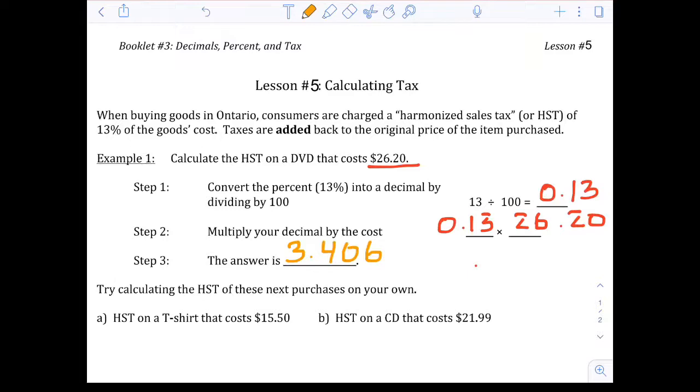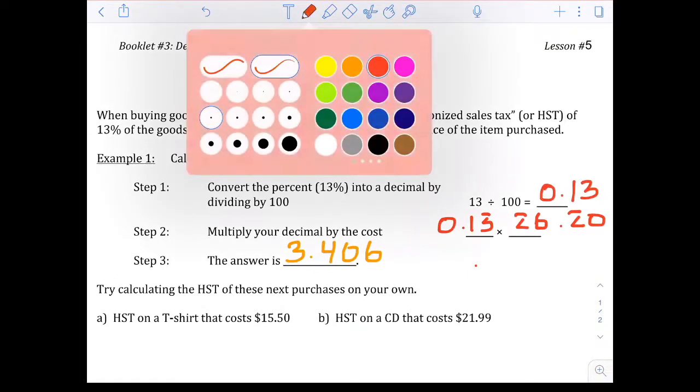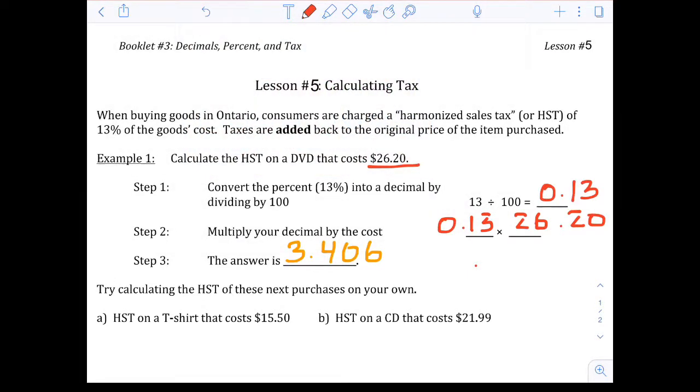That doesn't make sense in terms of money. You might remember from our last sections that we worked on, money has only 2 decimal places. So I'm either going to keep it as 0 or I'm going to raise it to 1. And in this case, it's going to go up to 1 because the number that follows is a 6. So we're actually paying $3.41 in terms of our tax.